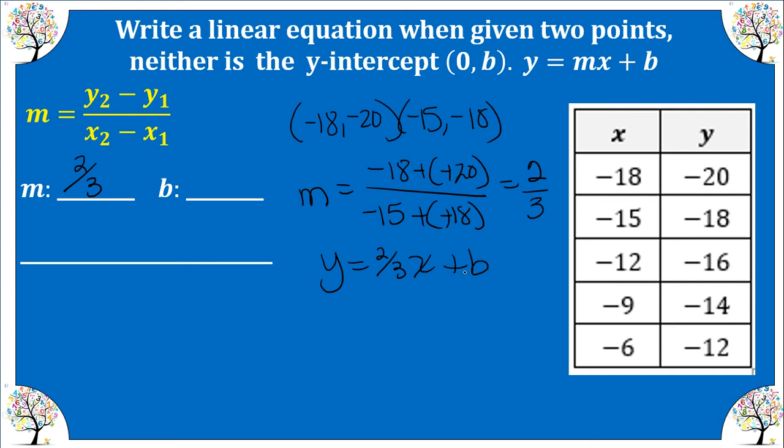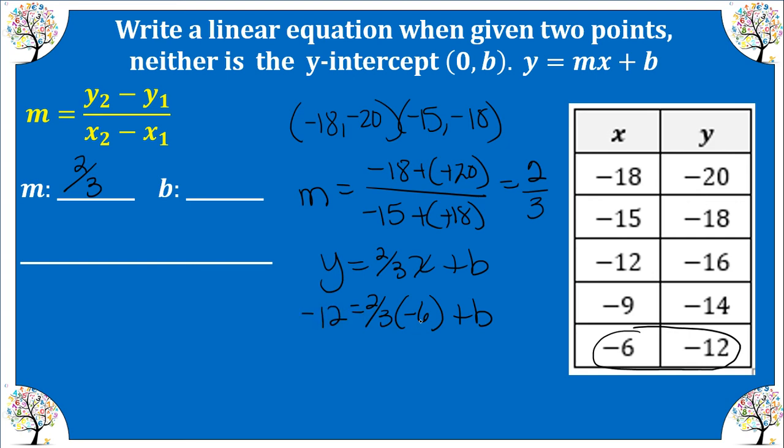Let's choose any ordered pair. It does not matter. Okay, I'll just choose this one here. So for x, we are going to plug in -6. For y, we're going to plug in -12.